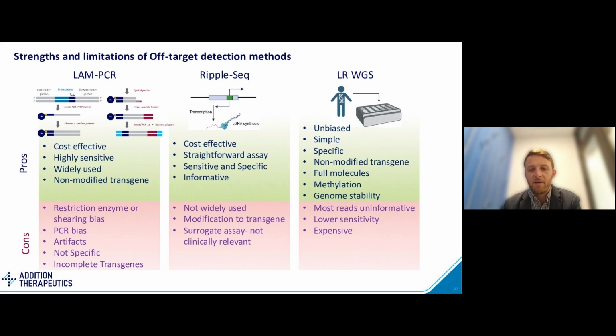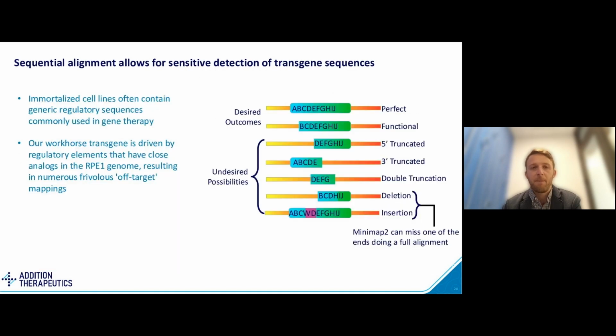On the other hand, if all you're interested in is your transgenes, in that case, most of your reads are going to be uninformative. It also tends to be less sensitive than other methods, and therefore ends up being a little bit more expensive to acquire the depth of sequencing that you need to get high confidence data.